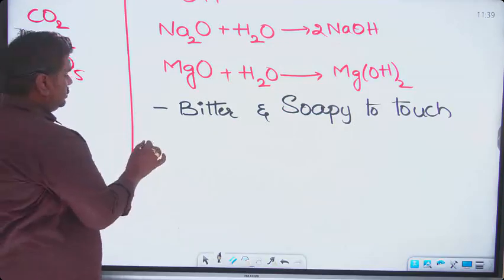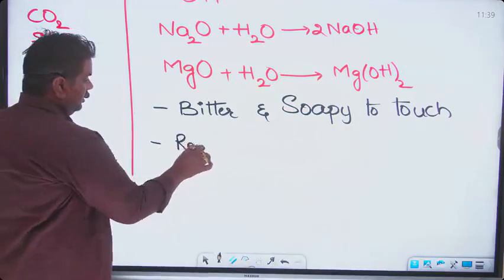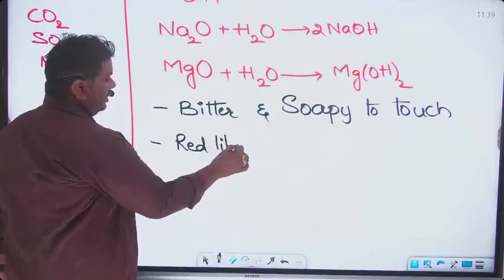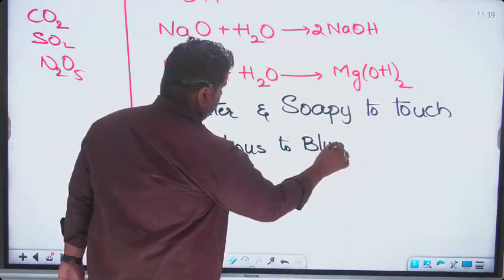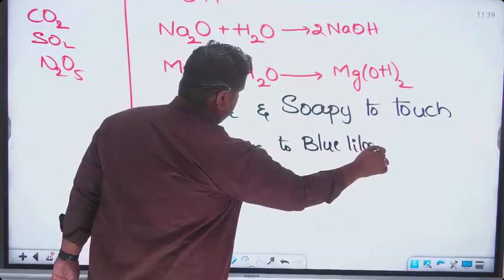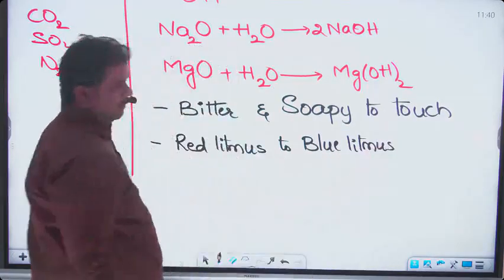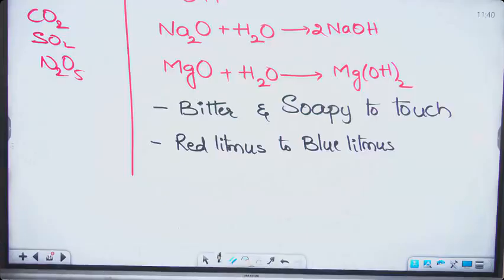So what about litmus paper? Bases change the color of red litmus to blue litmus. Now if you have seen the Dove advertisement, in that ad he shows this.